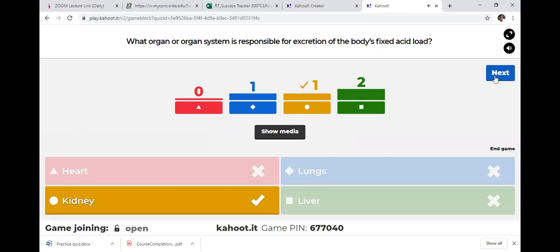Kidneys. If you hear anything about excretion, it's talking about the kidney, because that's how you urinate. When you urinate, you're excreting the body's fixed acid load. It would be the kidneys. 2 people said the liver. We never even talked about the liver, so that's not an answer. All right, here we go.